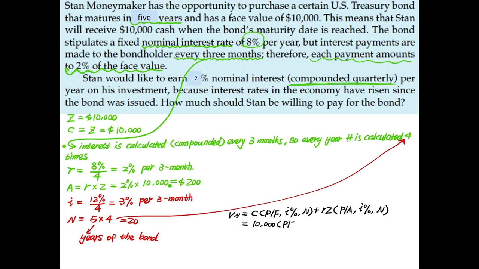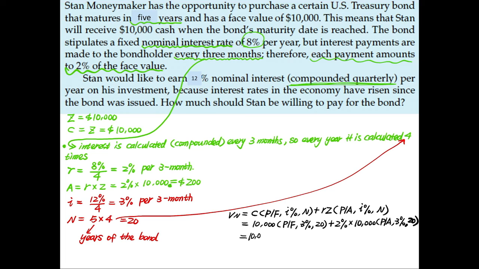The factor is P/F, I is 3%, N is 20. R is 2% per 3 months. Z is 10,000. Factor P/A, I is 3%, N is 20. So that is the value you want to use.